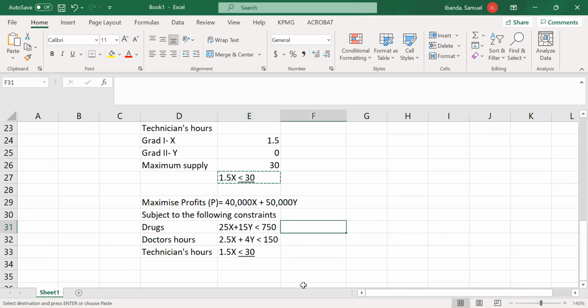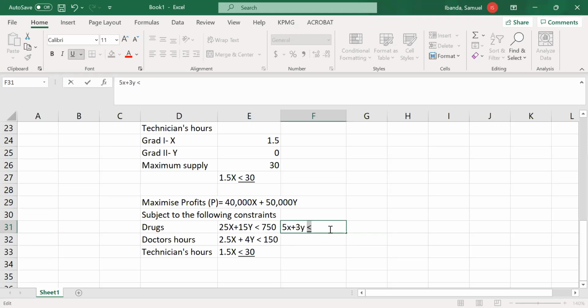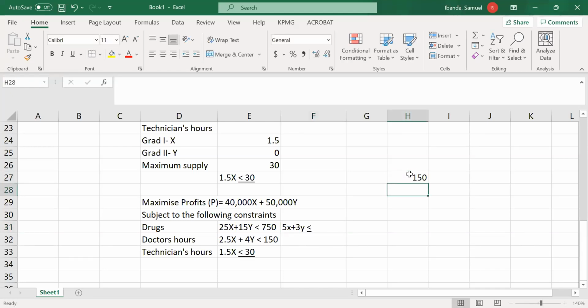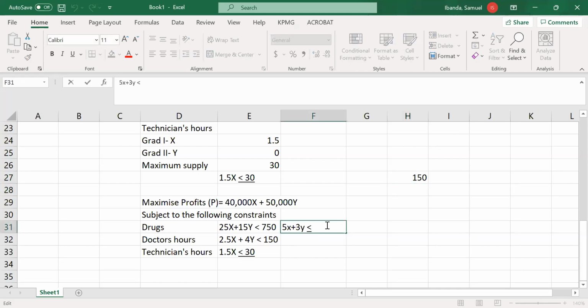So we can divide by 5 across, and this simplifies to 5x plus 3y. Mathematically this is still true. When you get 750 divided by 5, it gives you 150. So it should be less or equal to 150.